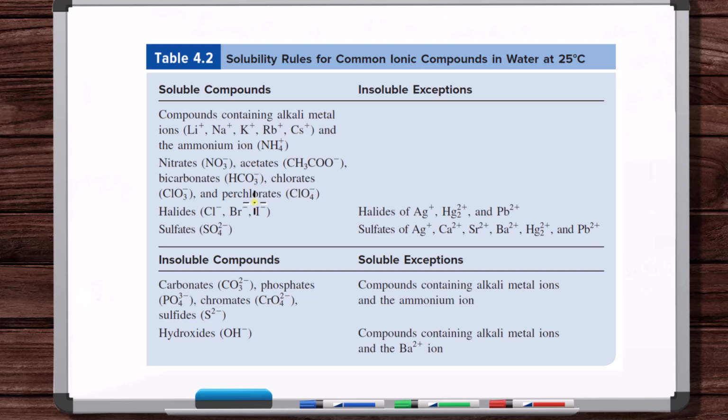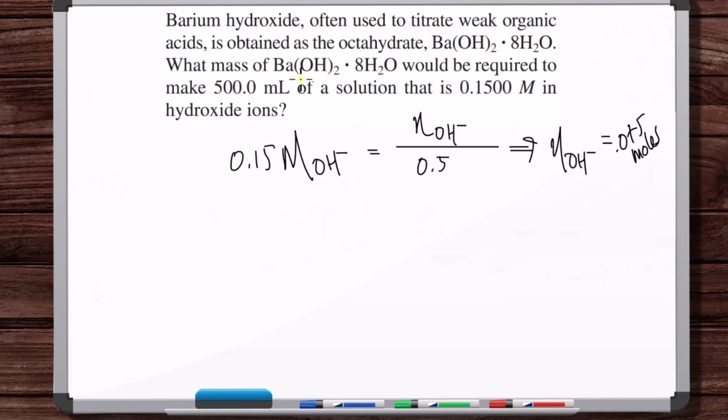Hydroxides are generally insoluble, but barium is an exception if Ba2+ is the cation. So this is soluble, and it dissolves and dissociates into Ba2+ and OH- ions.